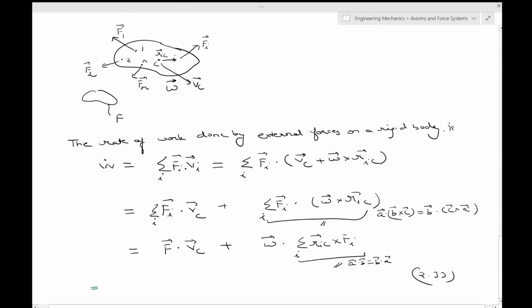So this implies that W dot is equal to F dot Vc plus, okay, and I want to now say this.